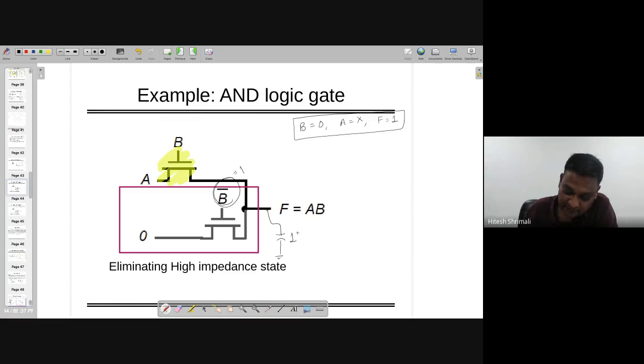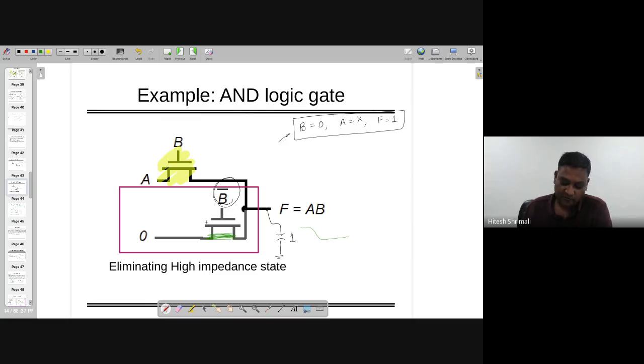Logic 1. Now when I'm going to this situation, B equal to 0, A equal to don't care, and F equal to 1, what is going to happen? This transistor will make the connection, and this particular logic 1 will go to 0 because of this parallel connection, right?